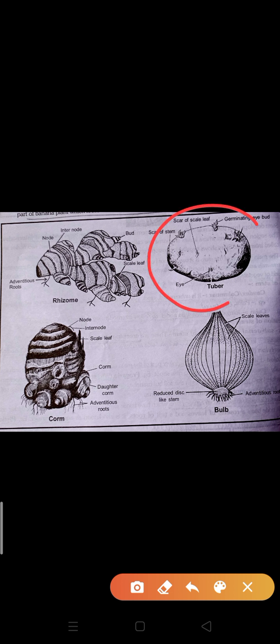This is the underground modification of stem. The first one you can see is the tuber type. Okay, tuber, that is the example of potato. You have all seen it at your home also. When this tuber has sprouting, that is, when the potato is ready for seed. Clear? You have observed it at your home also.